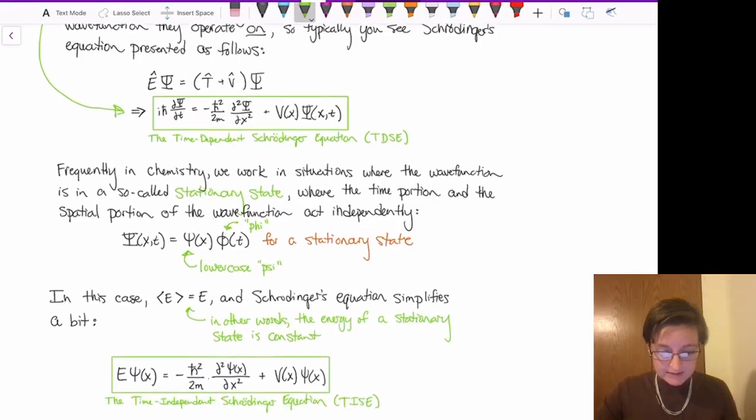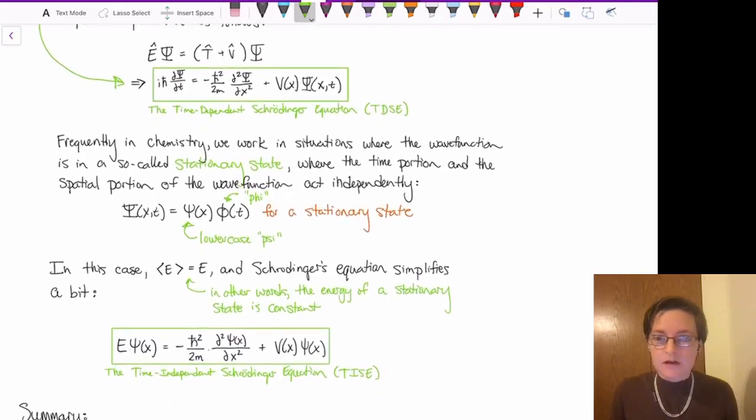For this class, most of what we're going to focus on is situations of just what is the particle in its natural state? What does hydrogen do when we leave it alone? And in those situations, the time-independent Schrodinger equation is the primary one that we're going to use.